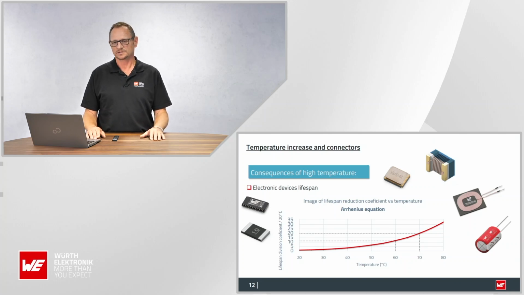So if you look at that curve, it's clear that the rise of the temperature will limit or cut down the lifespan of your total equipment dramatically. If you go to 60 degrees, you see it's divided by 11.